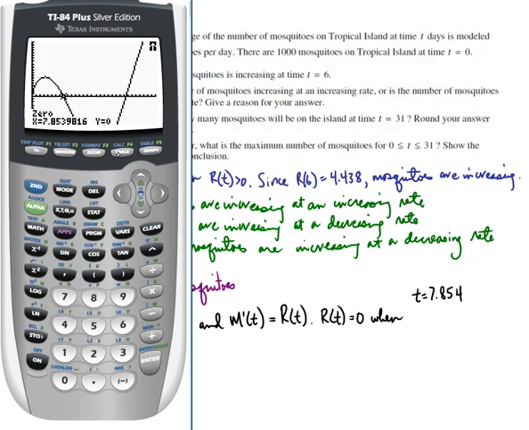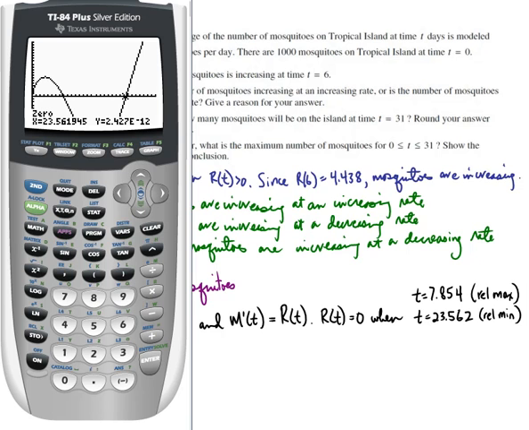Now the second one, we'll find another zero, again going from 15 this time to somewhere between 15 and 30, guess, and it tells us that that's at 23.562. Now we know that at 7.854 that is a relative maximum, and at 23.562 that's a relative minimum.